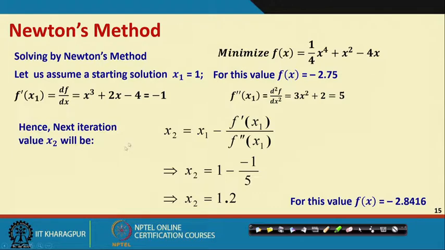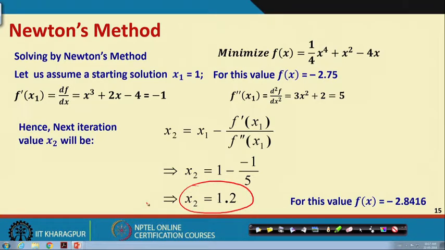So, we find that the new value of x 2 comes out to be 1.2, and functional value from minus 2.75 goes down to minus 2.8416. That is the first iteration.